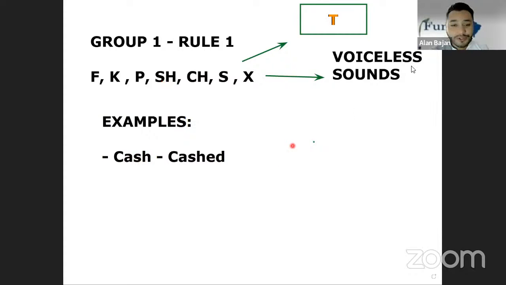So the pronunciation in past tense is with the letter T, cashed. Repeat, cashed. That's the sound, like the sound of the letter T. Cashed. Let's see another example.